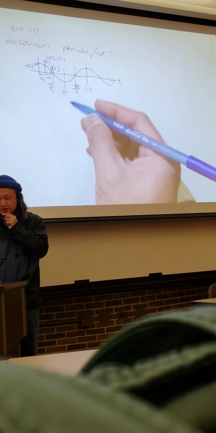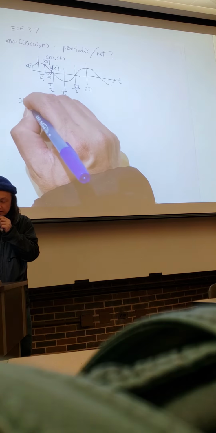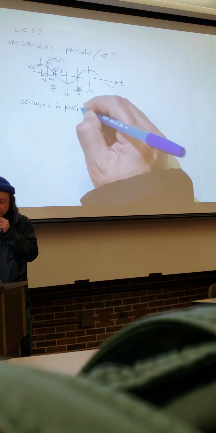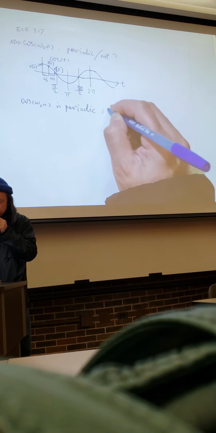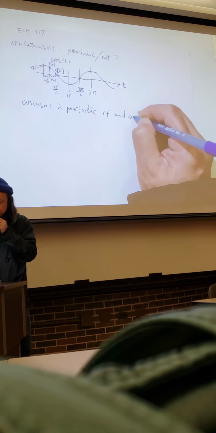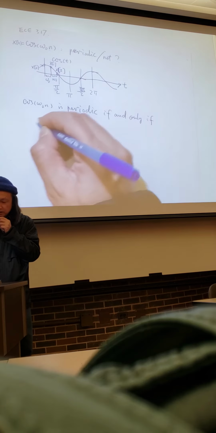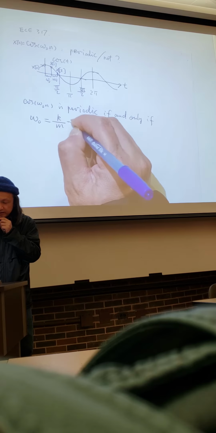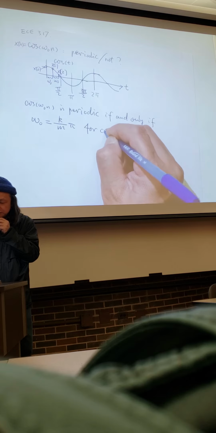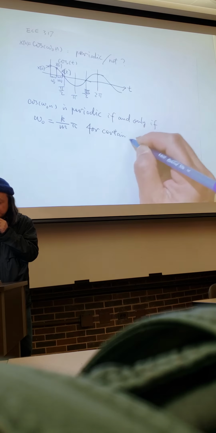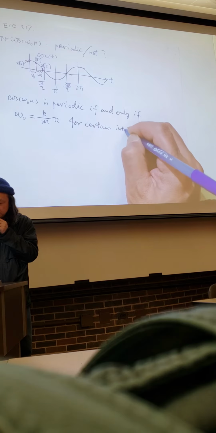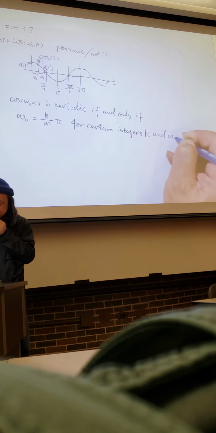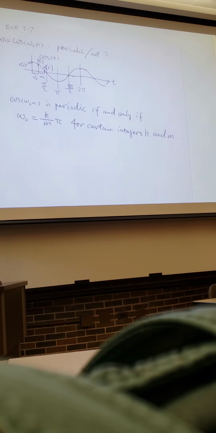The condition for period is that: cosine omega naught n is periodic if and only if omega naught equals some k over m pi, for certain integers k and m. So only in this case.